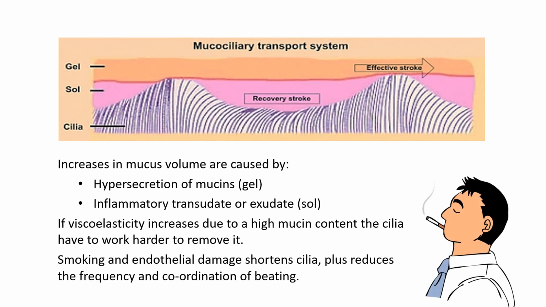The other issue here is that smoking and endothelial damage for any reason will shorten the cilia, which obviously is going to make them less effective. You get cilia blunting. Smoking and endothelial damage also reduce the frequency and coordination of beating. So they are not working together as effectively to sweep that mucus out.